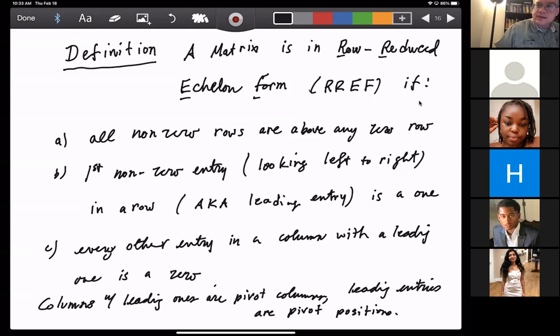Yes, please. Okay. Let me know when you're ready. For letter A, what is the third word, after all non what? Non-zero. Okay, thank you. Anyone else?